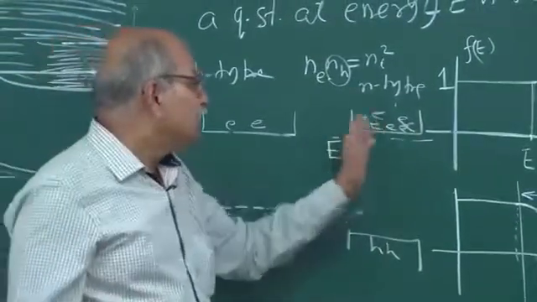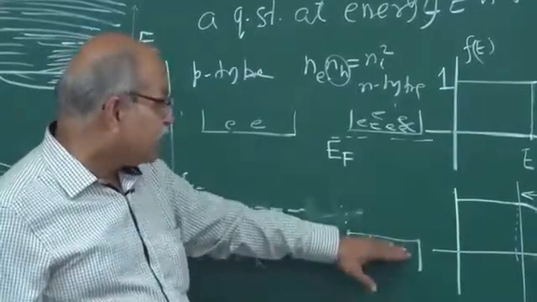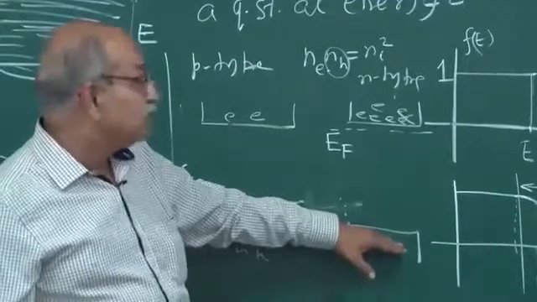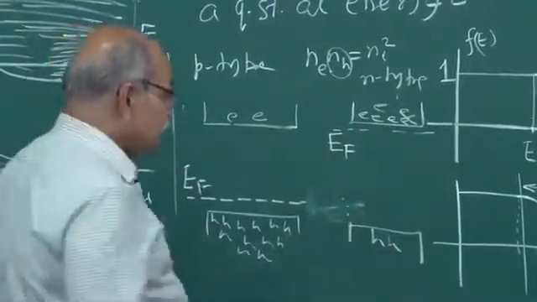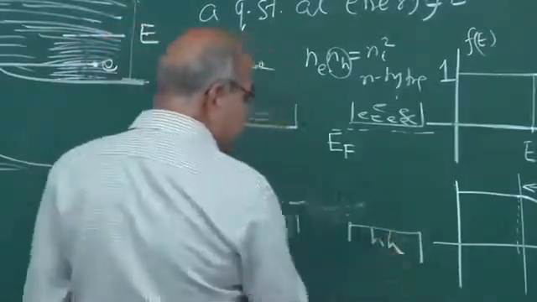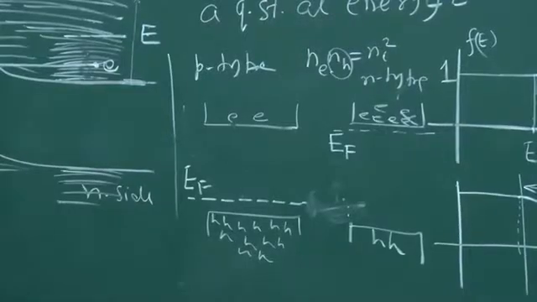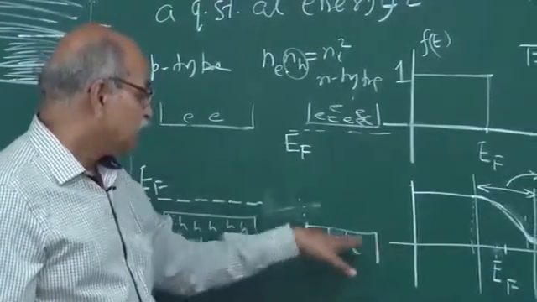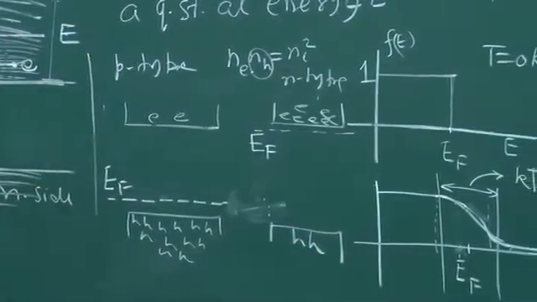So you have many electrons here. Whereas these hole states are far away from this, and therefore the probability, 1 minus Fe, is very small, and you have only a small number of holes here. So this is the picture.